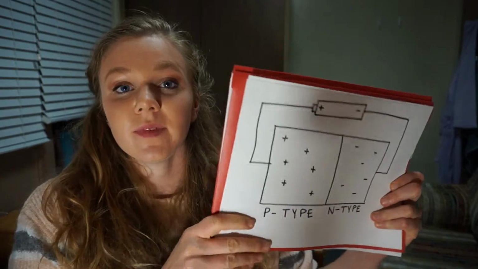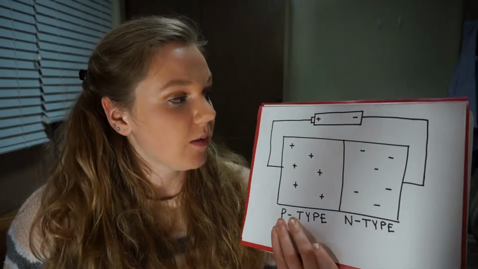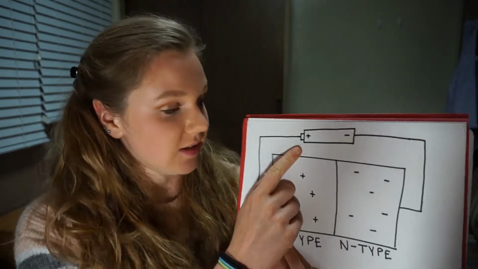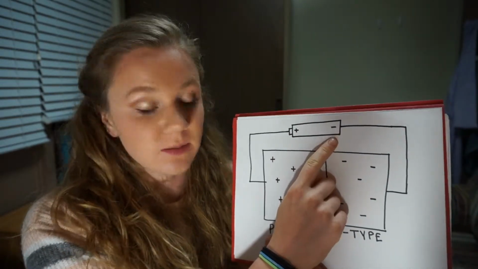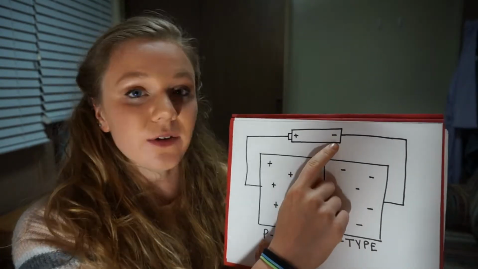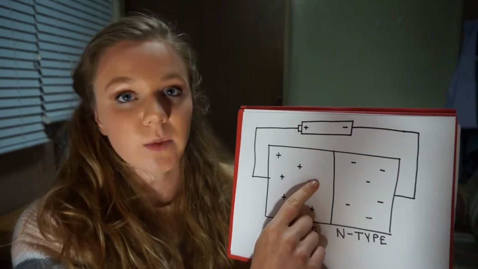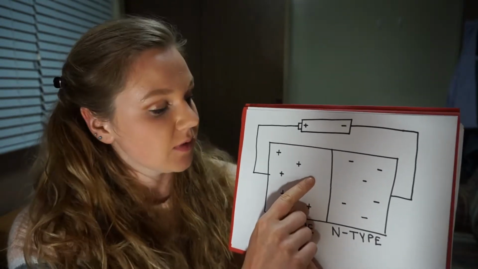However, if we were to apply a different potential difference, so basically if we actually reversed the orientation of that battery, so that the positive charge was connected to the P-type and the negative terminal was connected to the N-type, these electrons would actually be repelled by this negative charge and would jump into this P-type material and recombine with some of these holes.